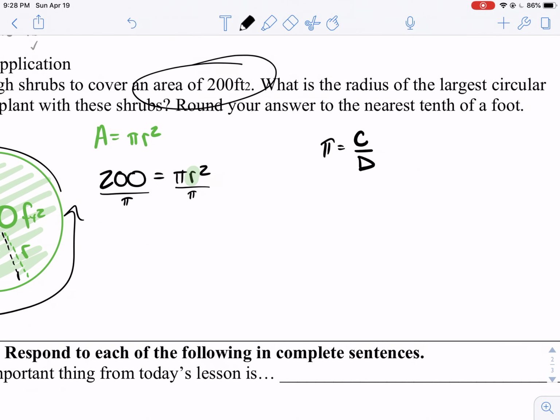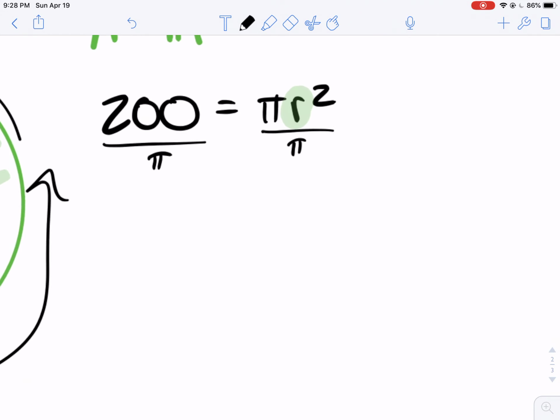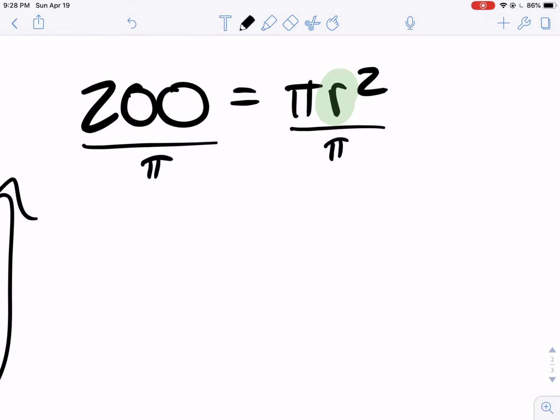And this is approximately equal to 3.14 for every circle. All right, so pi is a number. So we have this expression 200 divided by pi is equal to r squared.